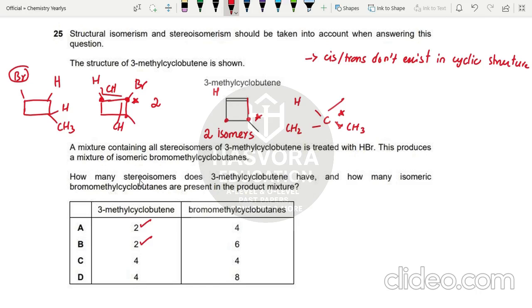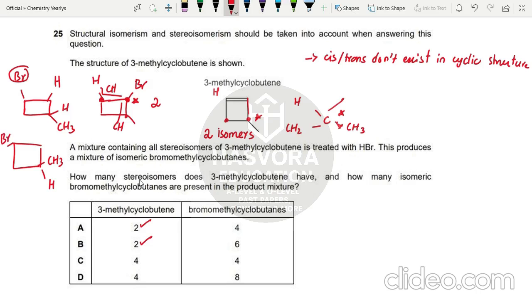So in the case if the CH is above, the CH3 will be acting downwards, so it will be like this, and it will actually form a cyclic structure like this, and the Br is facing downwards.